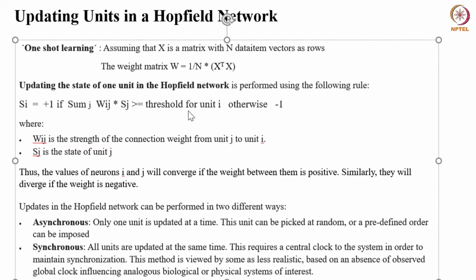Then we will look at a particular test case, and based on the test case, we will calculate a new value for each of the states, and that is done according to the formula that the new value of the state is +1 if the sum of all the input states from the other nodes in the network times the weight on the connections from those is bigger than a threshold, otherwise we get a -1.